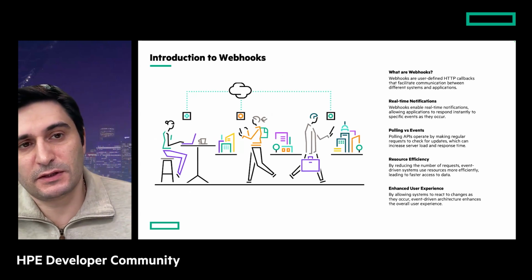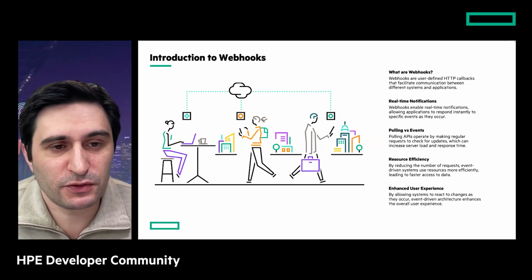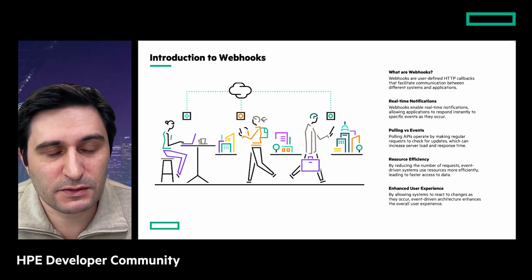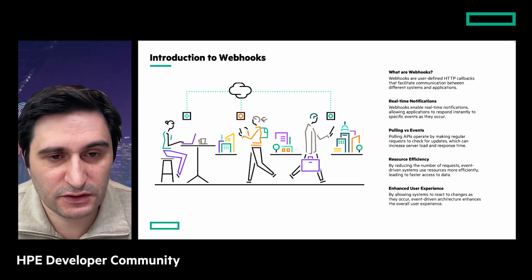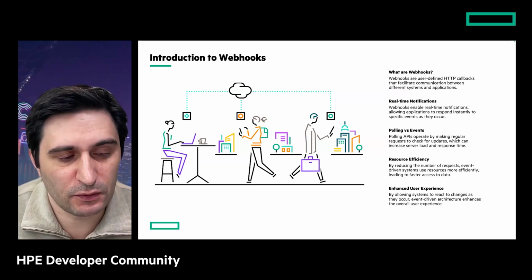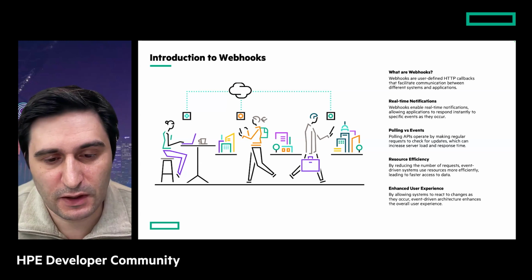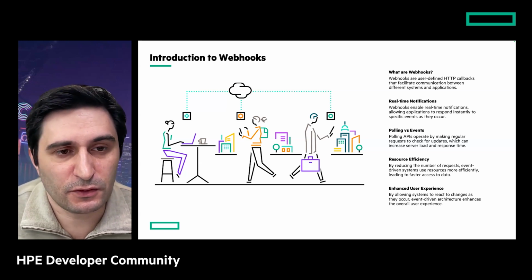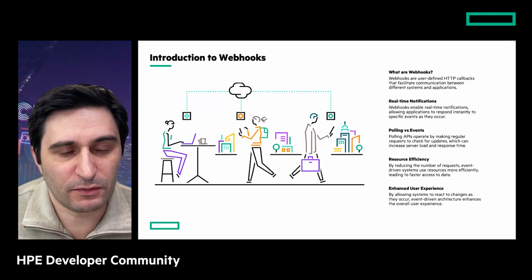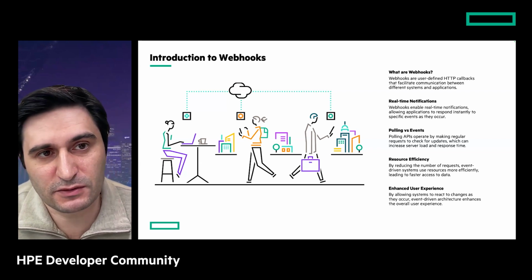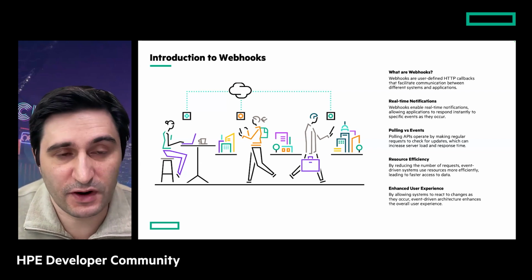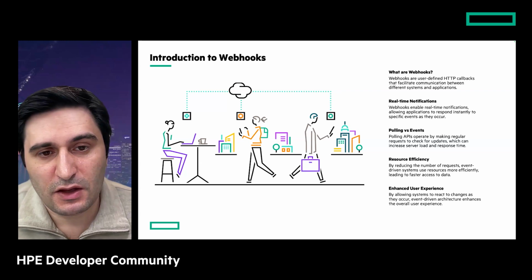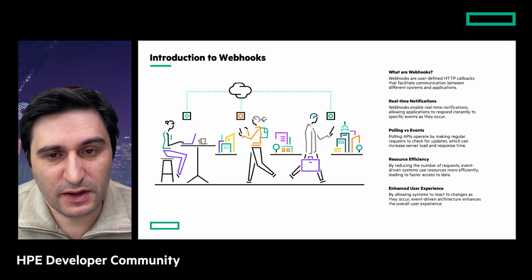Many of you, I'm sure, have interacted with webhooks, but for a quick introduction: usually when we are integrating with big systems like the GreenLake Cloud platform, or any other big enterprise framework or platform, we interact with them through APIs.